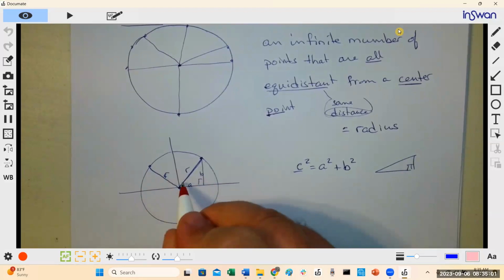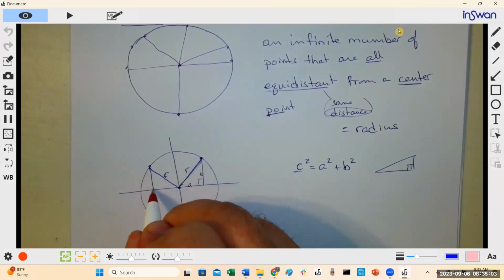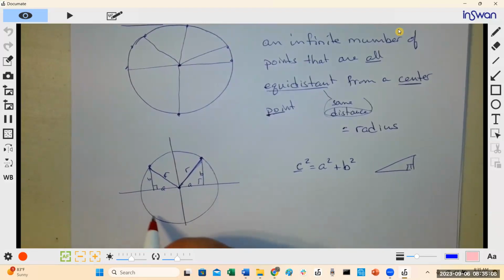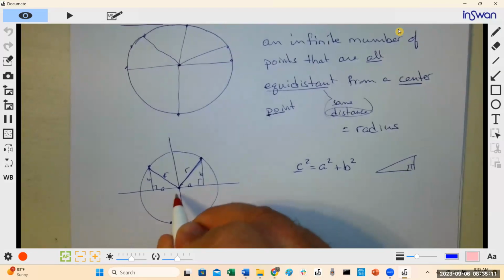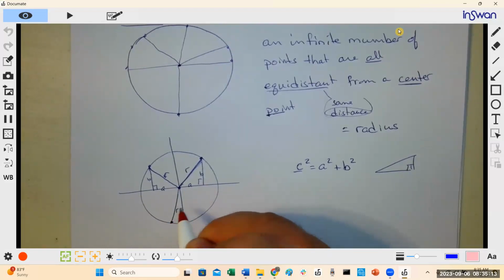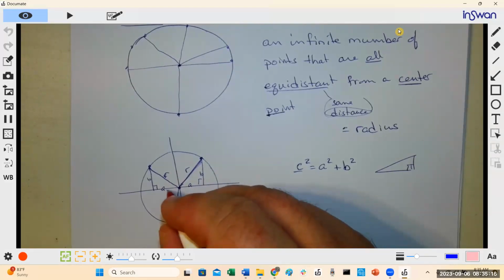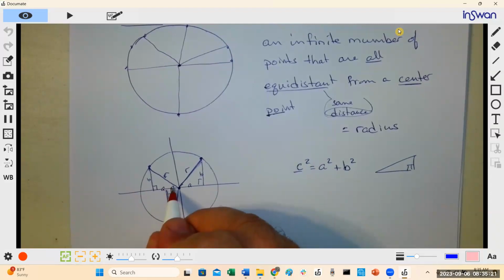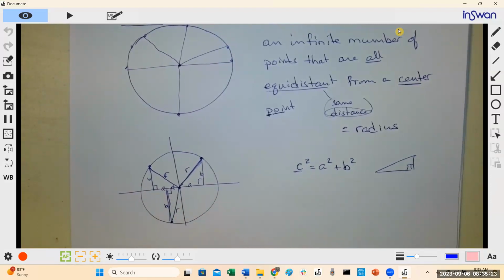That radius has to be the same, and it causes a right triangle. Here's A, here's B. There's my radius. Draw a line straight down to the x-axis, and this is A, this is B. So it doesn't matter where you are. You have A, and then you have B, and there's your radius.